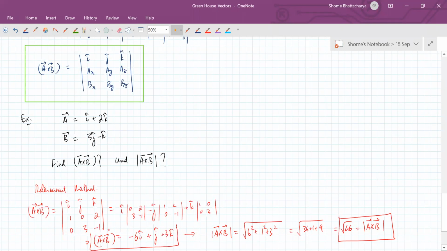Okay. So we'll verify both the magnitude and direction of this, but at a problem solving level, if you are given two vectors in i cap, j cap, k cap notation, that is three-dimensional vectors, this is the method you should use. This is the easiest, fastest, and least complicated method of calculating, and this is what you should stick to.